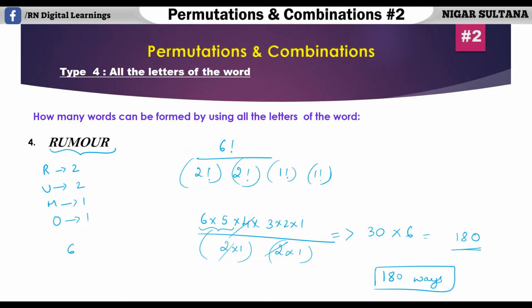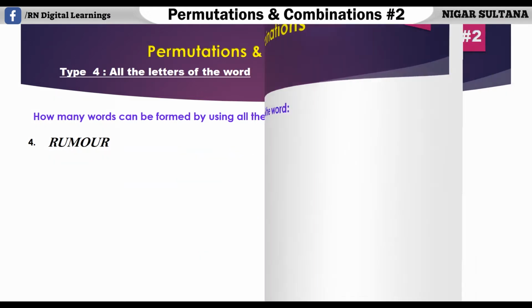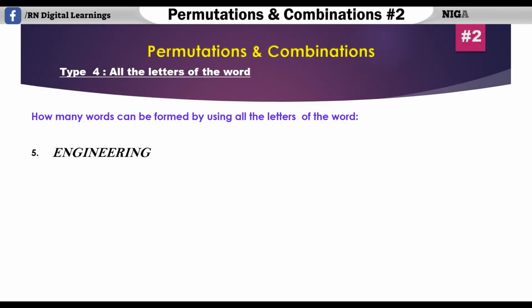Now let's see the next and last problem of the same type. Engineering. The word engineering contains how many letters? 11 letters: 1, 2, 3, 4, 5, 6, 7, 8, 9, 10, 11. So this is nothing but 11P11, that is 11 factorial.